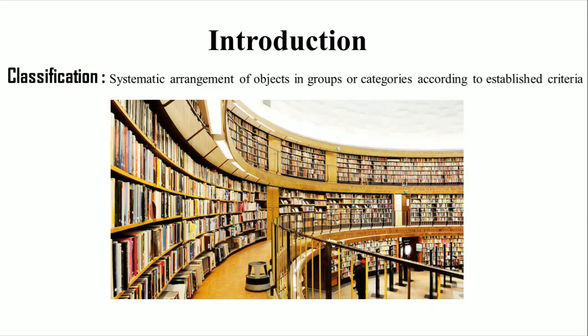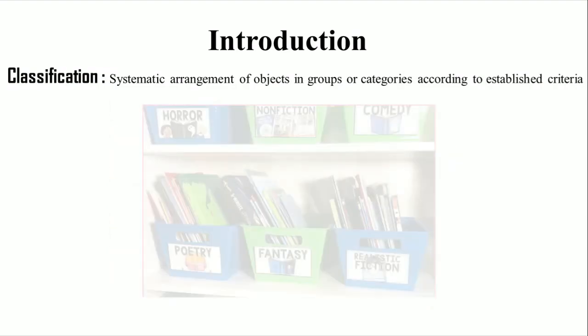So the solution that you resort to is to divide the books based on genre. So the criteria you're going to use is what genre you find the books to be from.